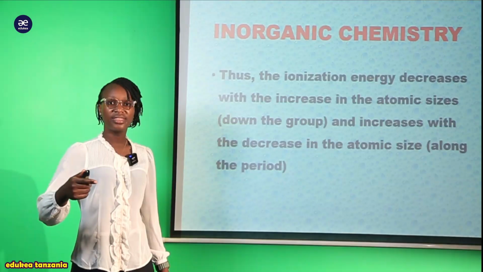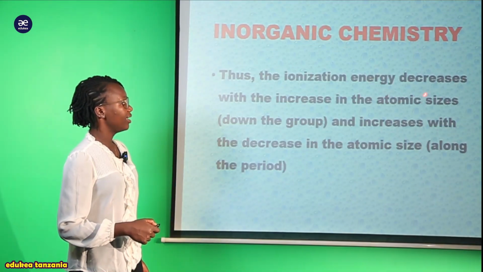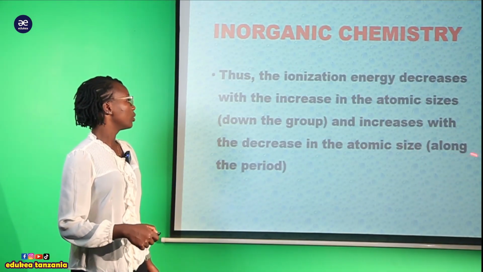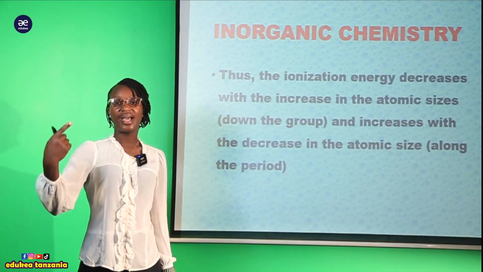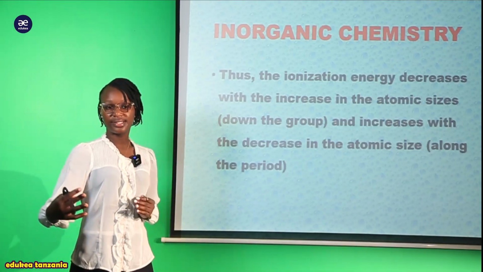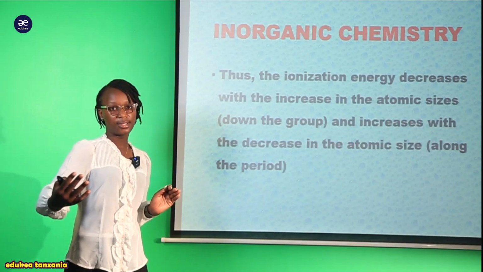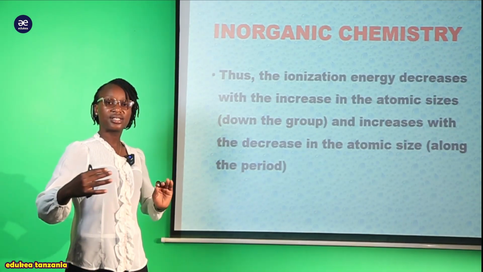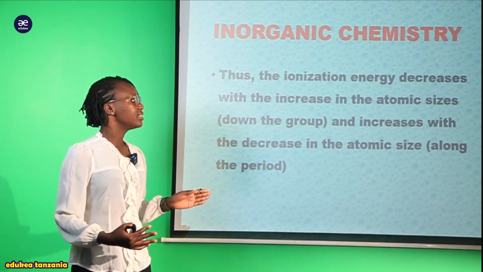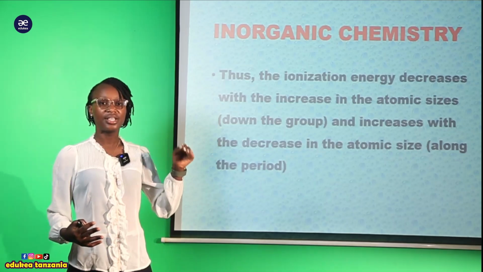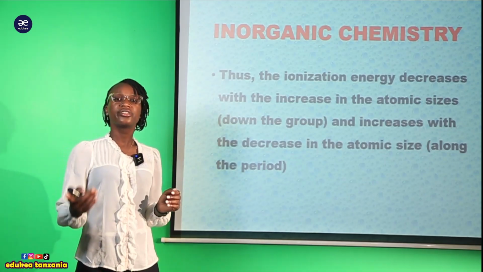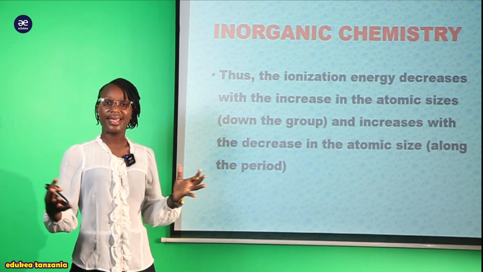Sasa when we come in the issue of the period, tunaambiwa kwamba hii ionization energy it tend to increase pale ambapo the atomic size ina decrease. As you know that across the period there is a decrease of the atomic size, right? Sasa if there is a decrease of the atomic size, mean that the ionization energy will increase because those electrons will be holded.